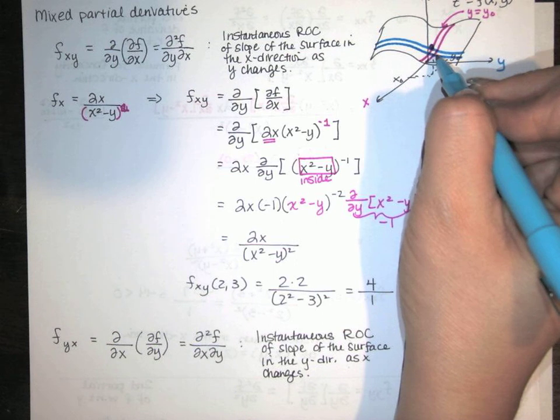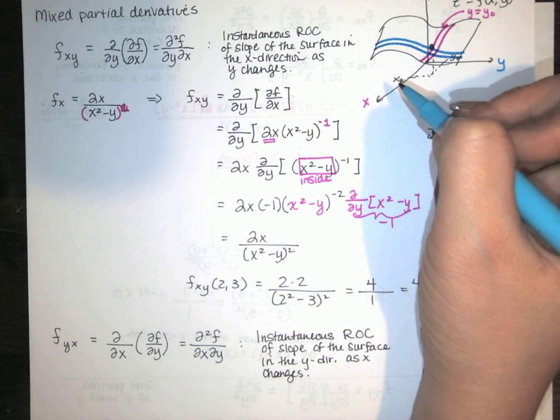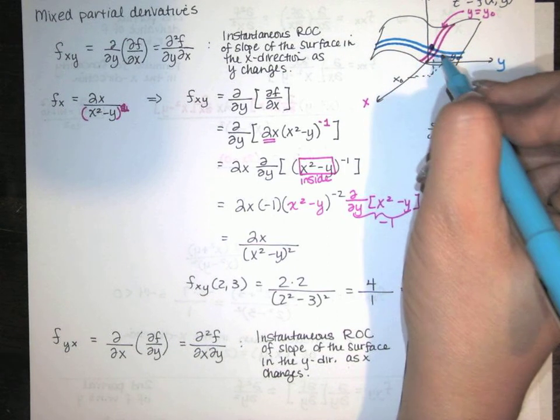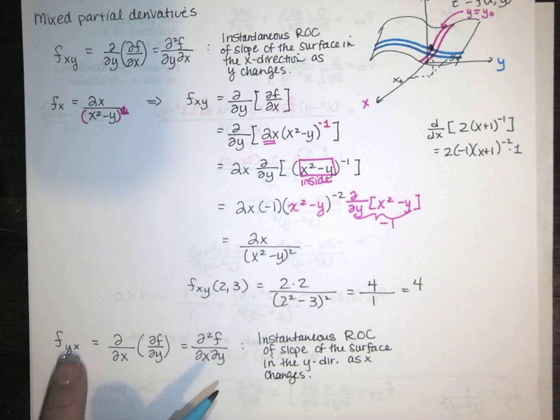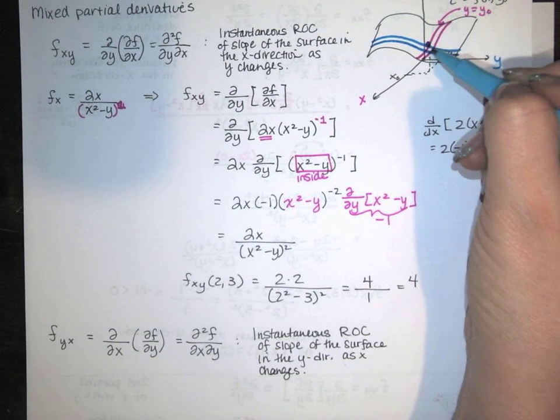Is this slope greater than or less than this slope? It looks like they're both negative, but I think this one is less negative. So it looks to me like the slopes are increasing. So I think this second partial with respect to y and then x would be positive because this slope is increasing as I go from left to right.